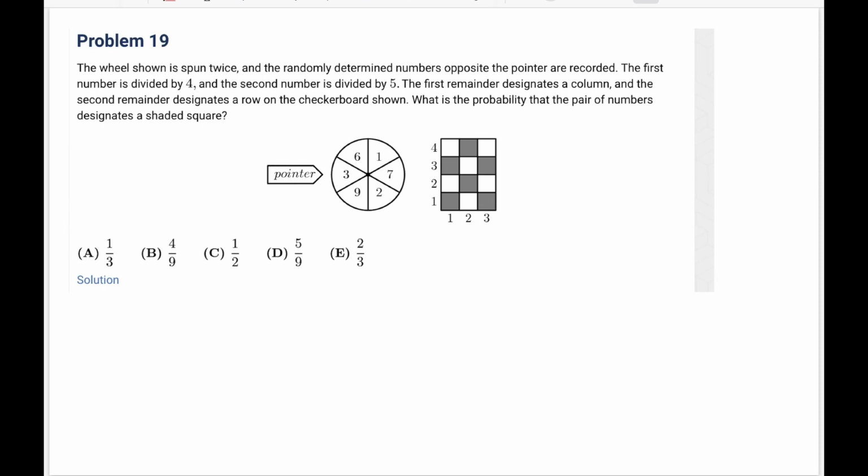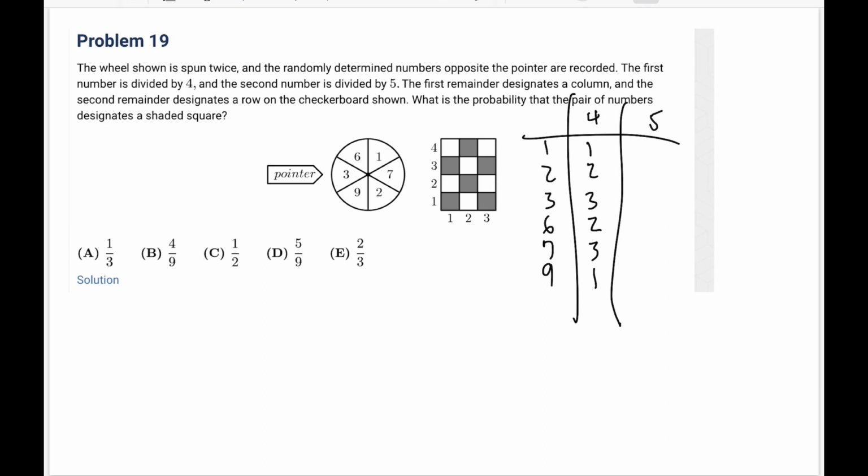So for this one, let's just put out the possibilities. 1, 2, 3, 6, 7, 9. And if it's divided by 4, then 1, 2, 3 would be the remainders, and it will be 2, 3, and 1. And if it's divided by 5, then the remainders would be 1, 2, 3, 1, 2, 4.